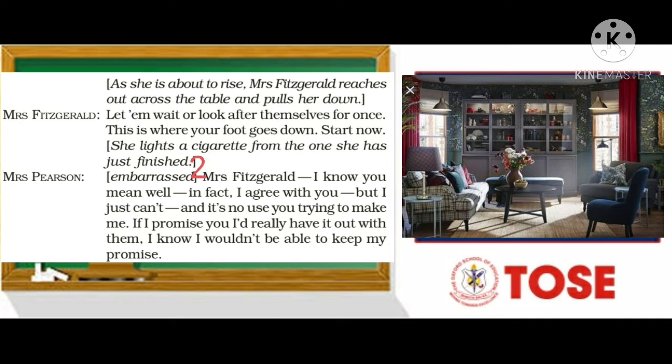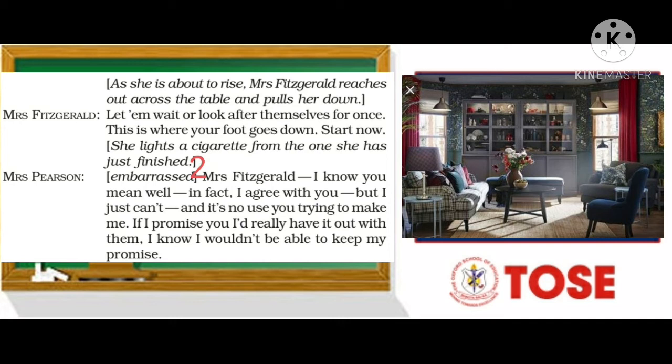So this kind of activity is called chain smoking. When you are smoking a lot, you finish one and then you start another one. So that's called chain smoking. So now you can also say that Mrs. Fitzgerald was a chain smoker.